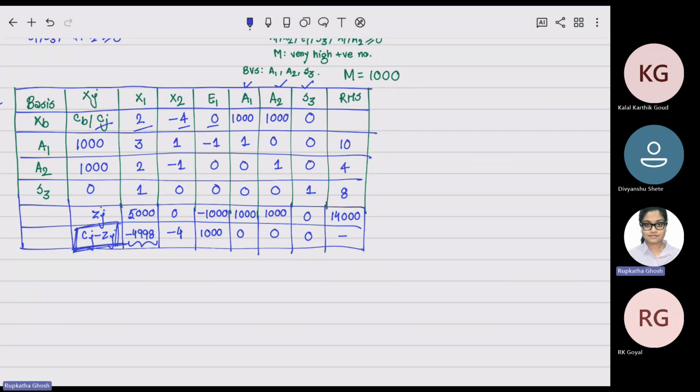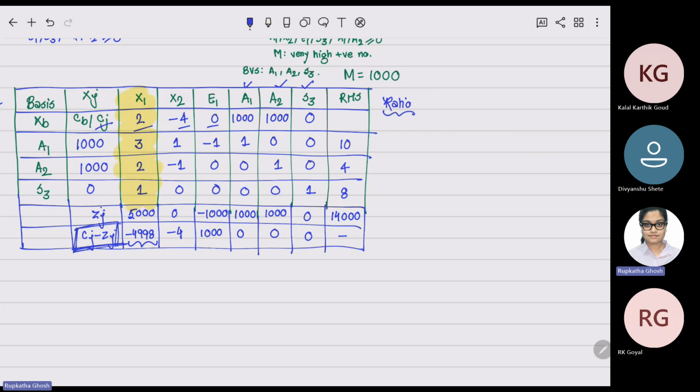Okay. Now, in order to identify which variable becomes your basic one, what do we do? We take something known as the ratio. You have understood that I am basically considering x1 here, right?